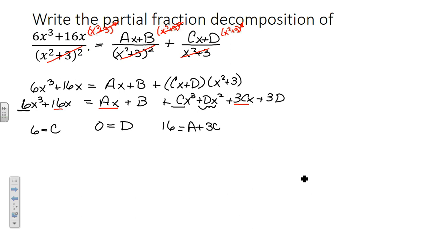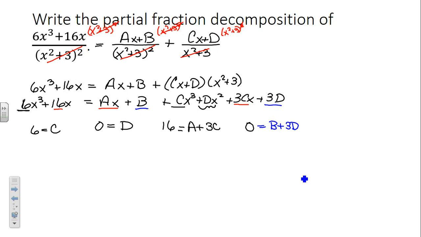So since there's 0 here, that 0 has to be equal to our constants, which are the b and the 3d, right? Everyone see why? There's no constant on the left side. All right, so we know that C is 6, and D is 0.